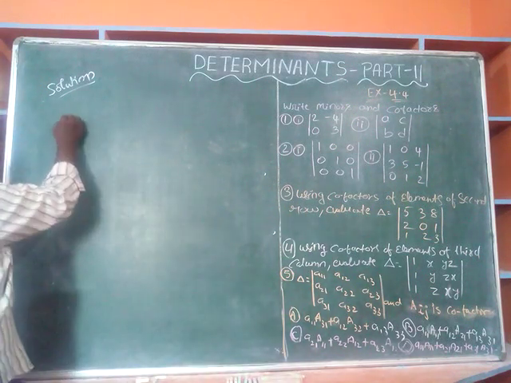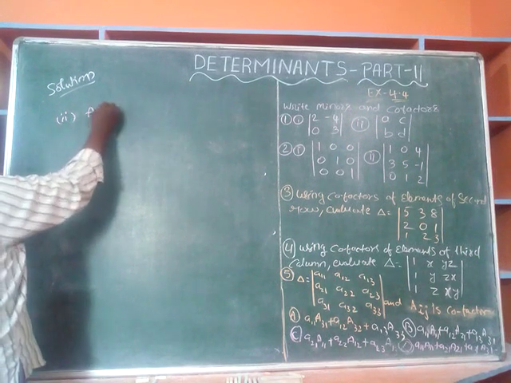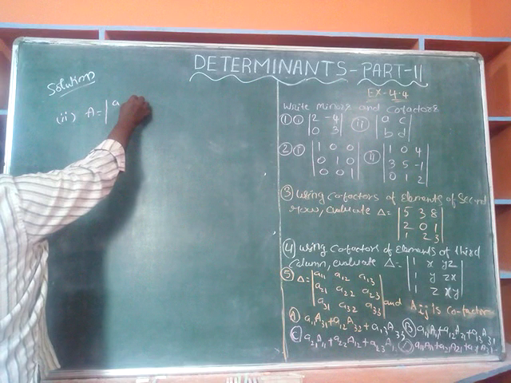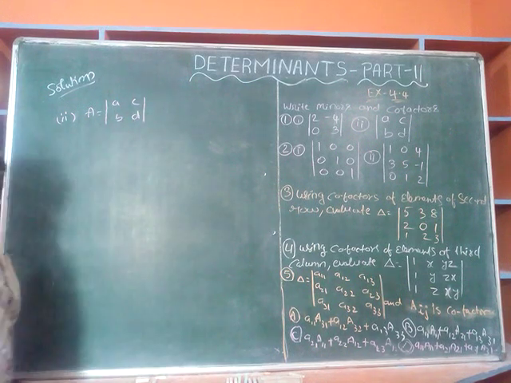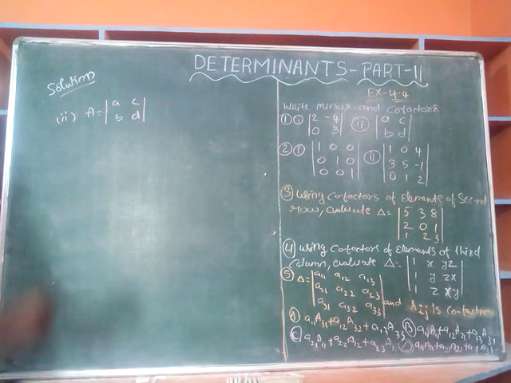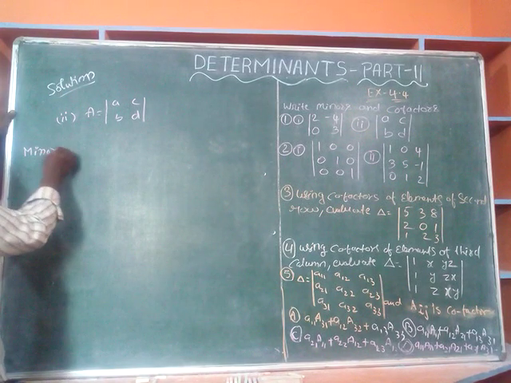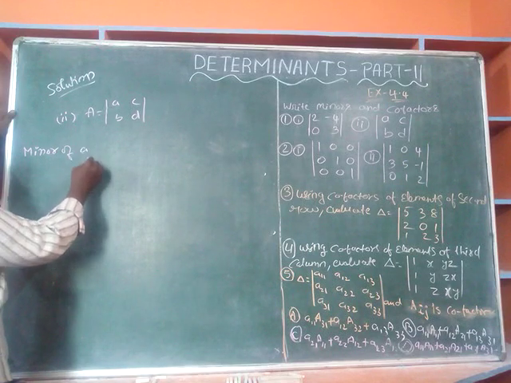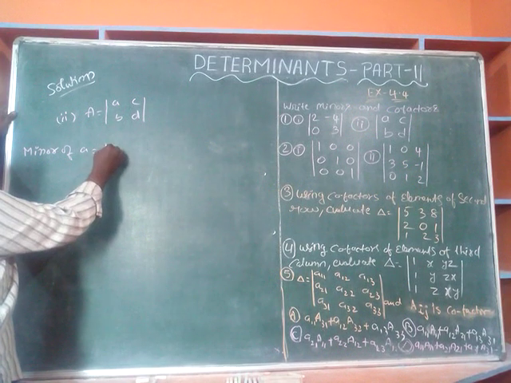Now, the second one. Assume the determinant is A, C, B, D. We are given A, C, B, D. Minor of A, the first, is M11.